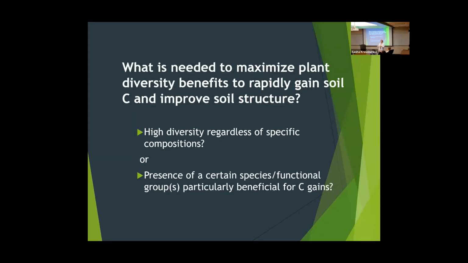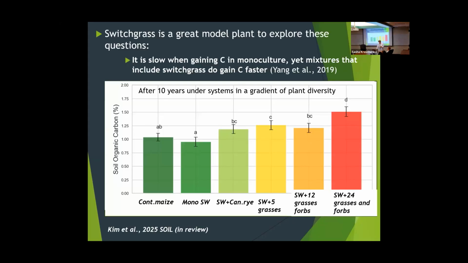But of course, to answer these questions, and I'm not going to have answers today, it's like a big vision of where we want to go with this research eventually, not right now, we're not there yet. But having the answers would give us a way to decide what would be the best way to build diverse plant communities most effective in leading to soil carbon gains.